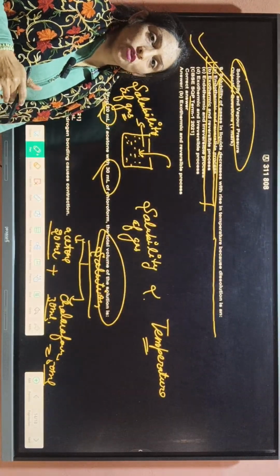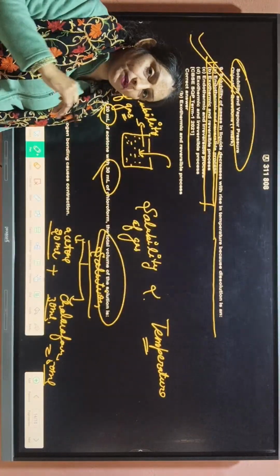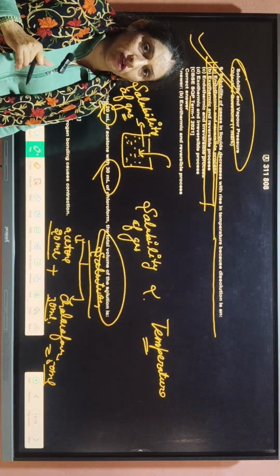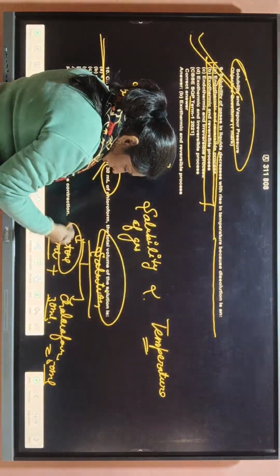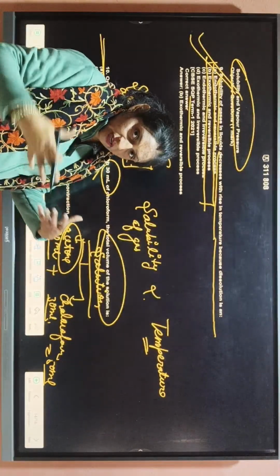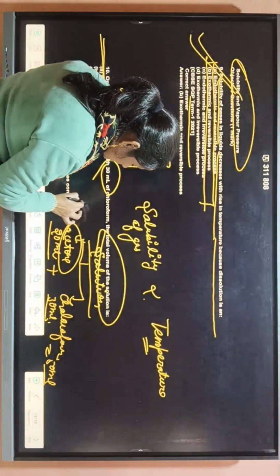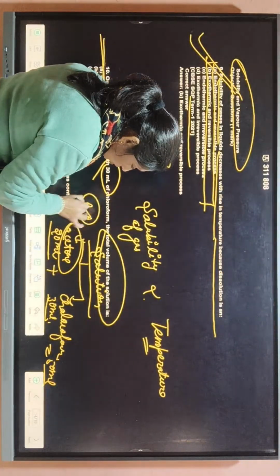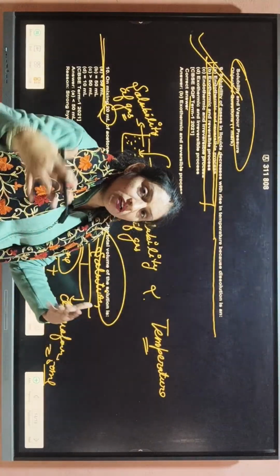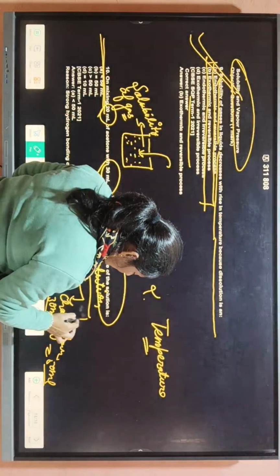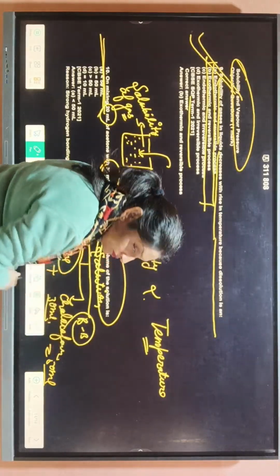No, it is not 50 ml. It is less than 50 ml. Why? Because students, acetone molecules have interaction between them, known as AA interaction. Chloroform molecules, in the pure state, have interaction between them, known as BB interaction.